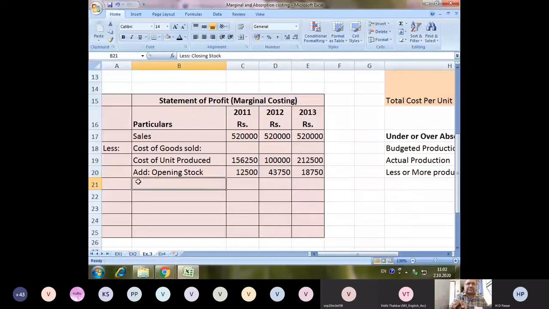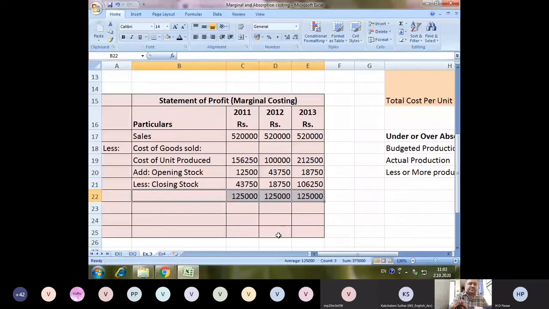Then less closing stock, which we have also already calculated. So this is 35,000 into 1.25. This is 15,000 into 1.25. And this is 85,000 into 1.25. Okay. So this is your cost of goods sold.